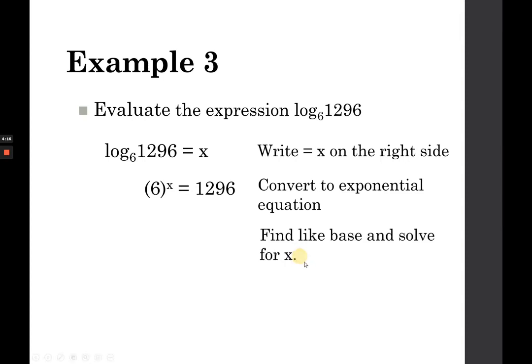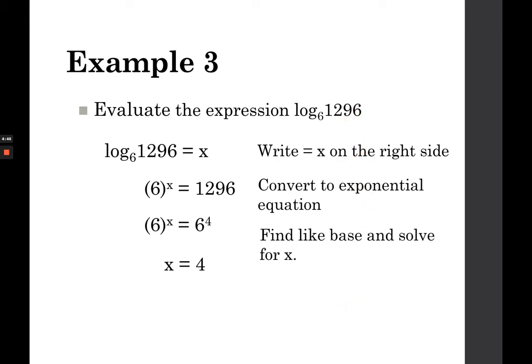We are now going to find like bases. Actually, 1296 is 6 to the power of 4. And then you just cancel your 6, which are the like bases, and so you found the value of x. X is equal to 4. It means 6 multiplied to itself 4 times is equal to 1296.